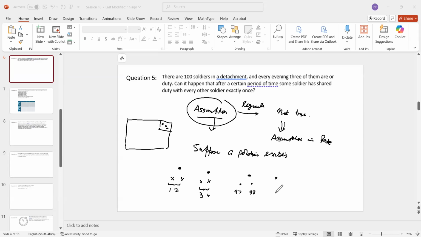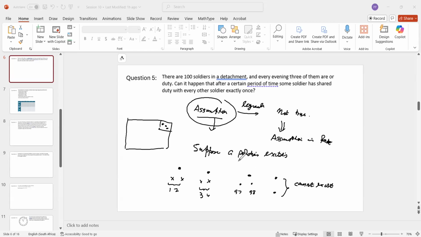He is one of the 100. He's only got one guy here, and he cannot share because he has to take one from the others who he has already shared with. So it's not possible, right? So this is a contradiction. We are saying such a person exists, and this person cannot exist in this case, at this level.